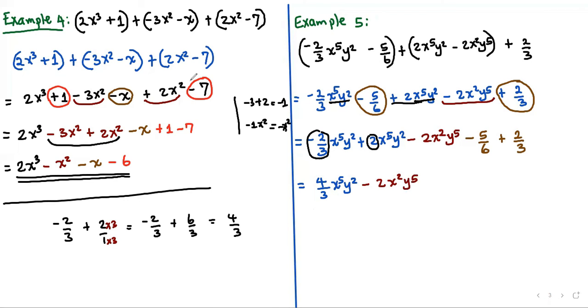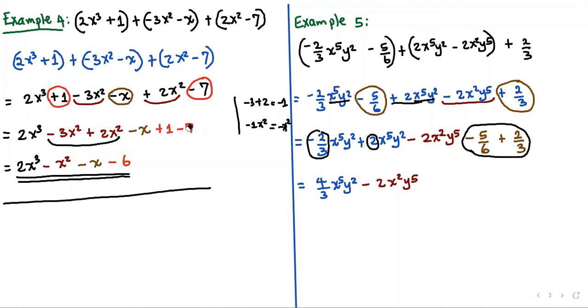Okay. Now also, we need to get the sum of negative 5 out of 6 and 2 out of 3. Okay. Let's get that sum. Negative 5 out of 6 plus 2 out of 3. So we need to get the LCM of 6 and 3. And of course, we know that that is 6. So we need to multiply 3 by 2 to get 6.